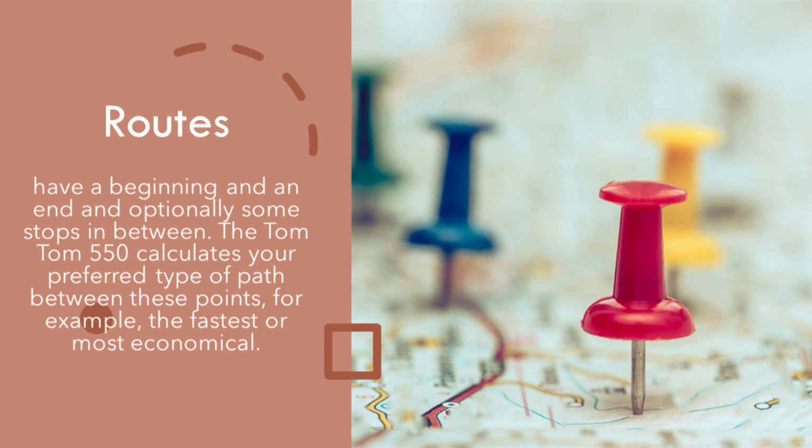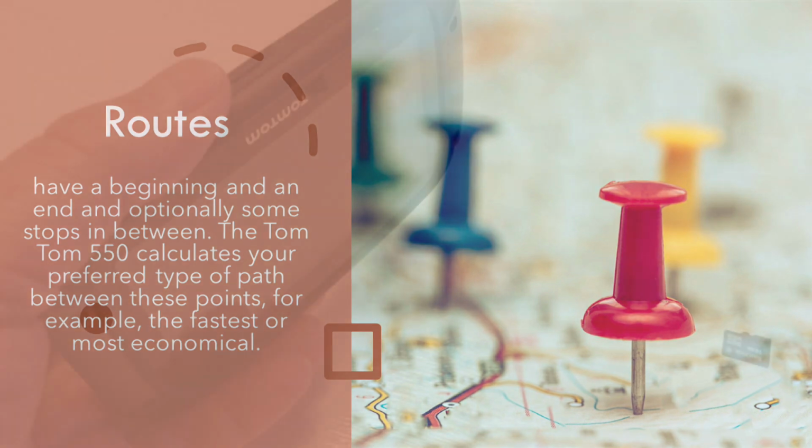It is actually calculating from one flag to the next flag to the next flag. So if you deviate off that route, it will recorrect you back onto the route to try and take you to the next flag. There are some differences in the way the TomTom handles these though. But first, let's have a look at how we get a route over onto a TomTom 550 rather than a track like I did previously.